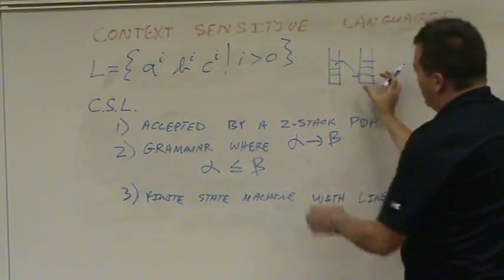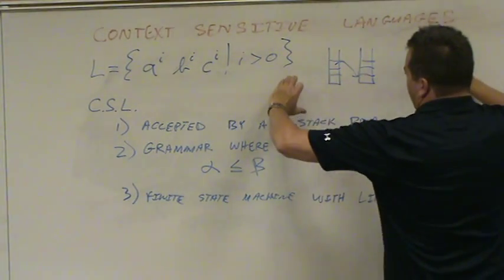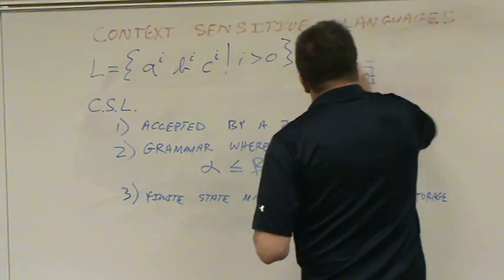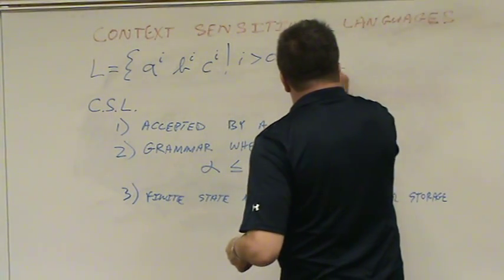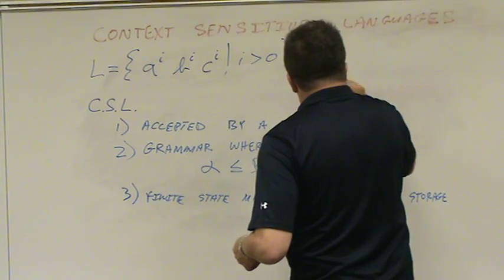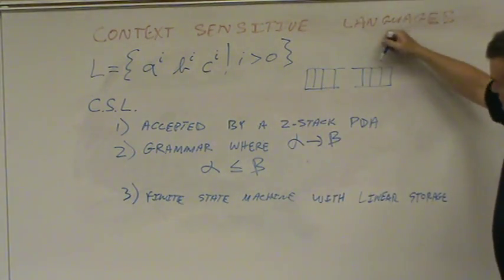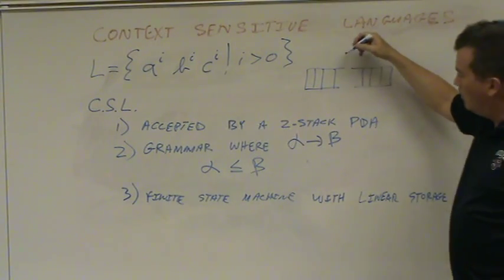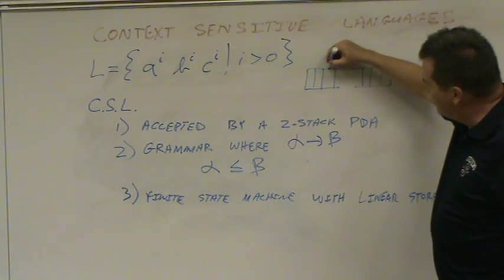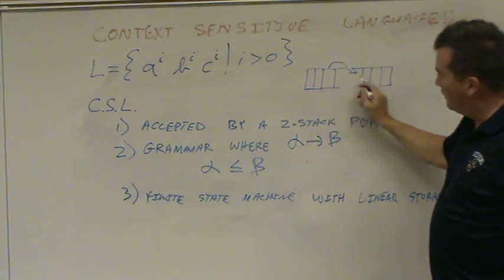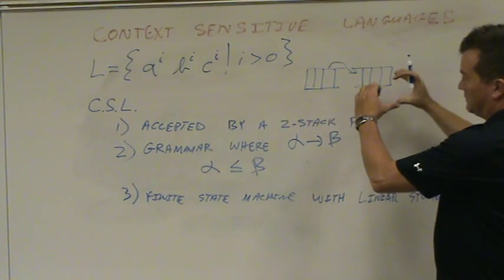But theoretically, if we took these 2 stacks and glued them side by side, they would look something like this. We're pushing stuff onto the stacks and popping it off. And when you pop off of one stack and push it onto the other one, aren't you just kind of moving it over?